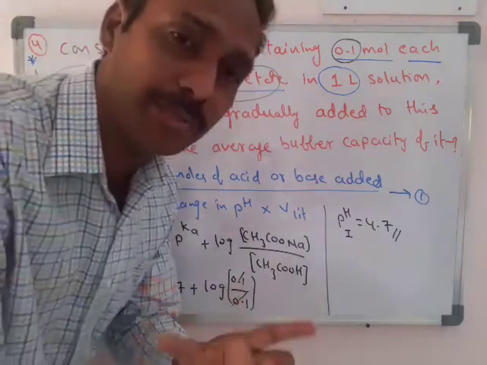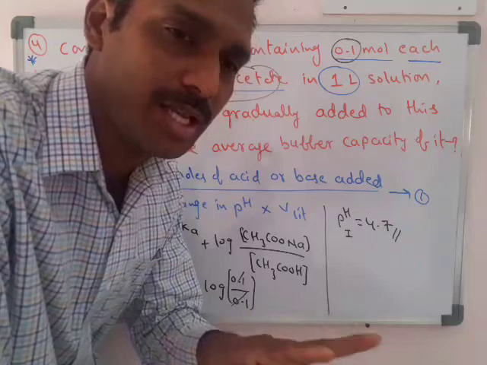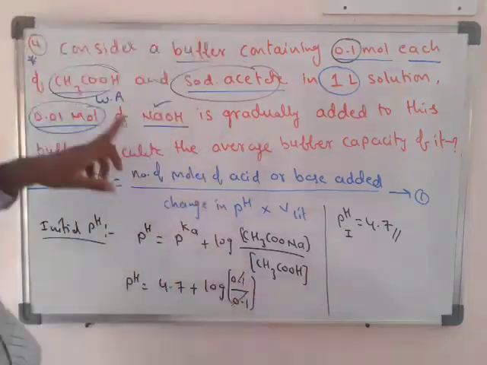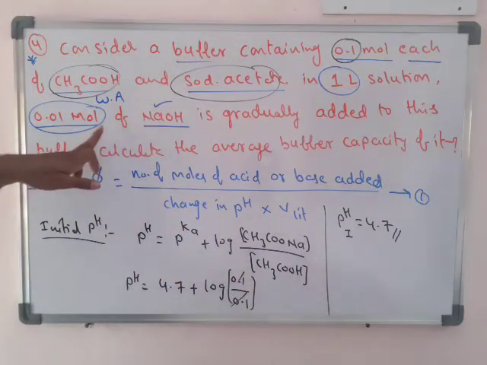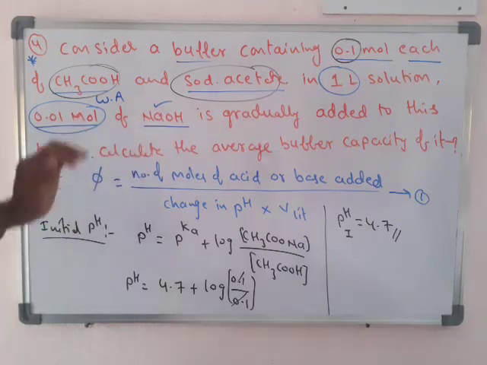Next we have to find the final pH. The final pH is the pH of the buffer solution after adding 0.01 mole of NaOH.